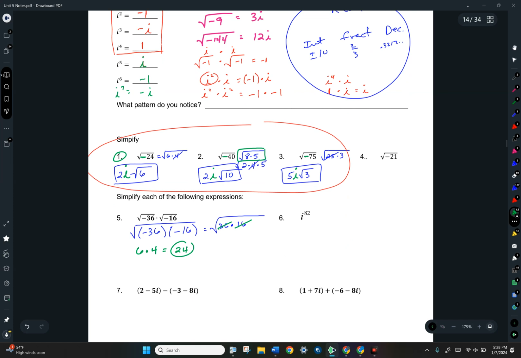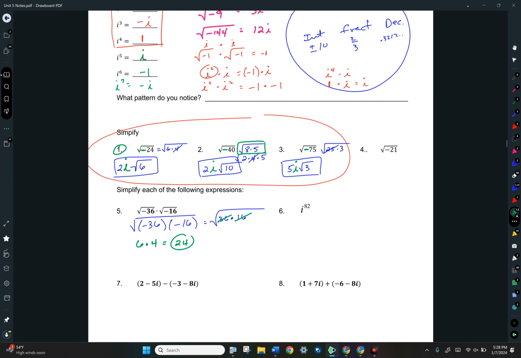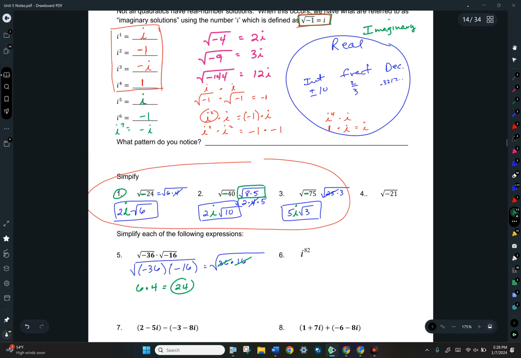So if you think about number 6, if I have i to the 82, well, it's going to repeat itself every 4. So you're going to have the first 4, and then the next ones take you through i to the 8th, and then the next round takes you through i to the 12th. And if you think about it, if the exponent is 82, to get to 80, it's going to be one full round all the way through the i to the 1st, all the way down to i to the 4th.